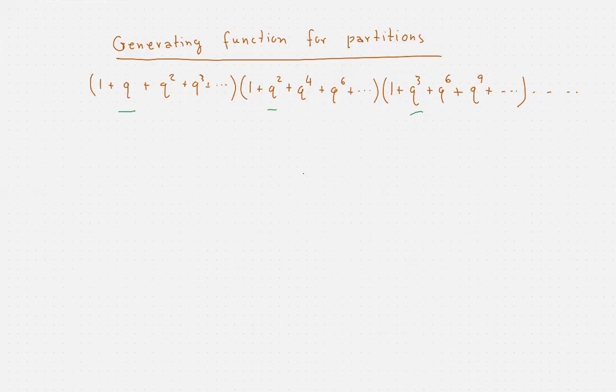The only things that eventually survive these brutal multiplications are the ones for which we choose the number 1 from all parentheses, with the exception of finitely many parentheses where we might choose a power of q. All the others will become 0 and do not contribute anything to the final sum.